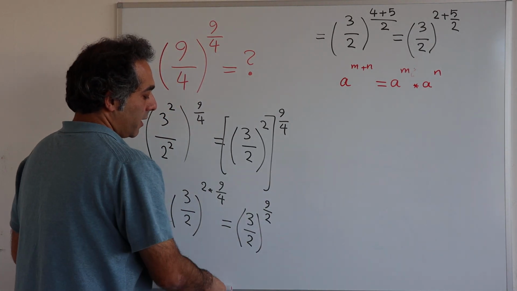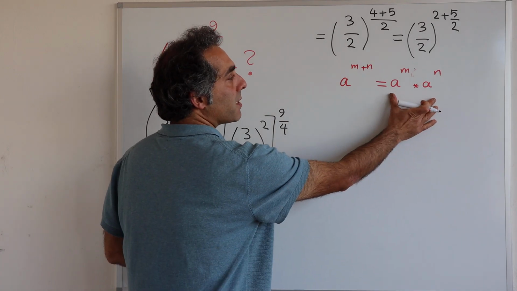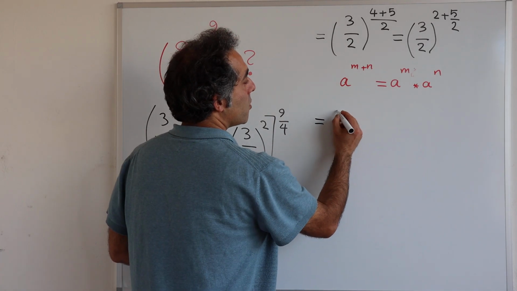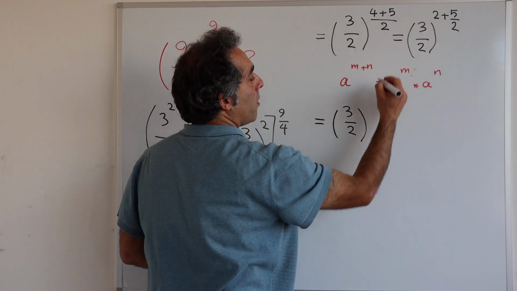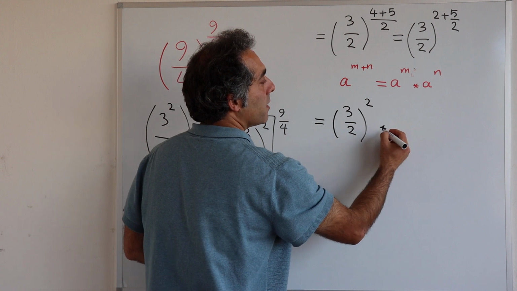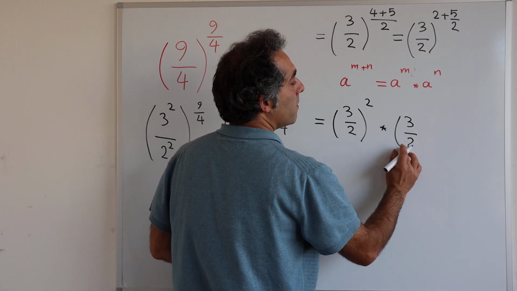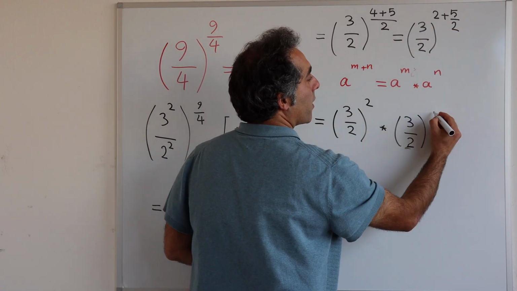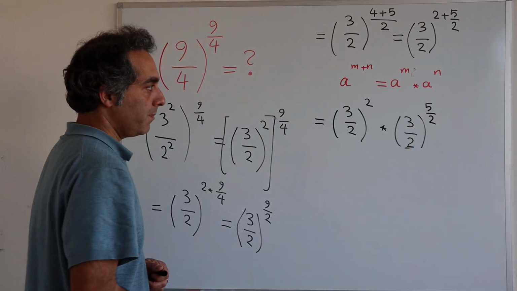So I can rewrite this expression based on this formula: 3 over 2 to the power of 2 times 3 over 2 to the power of the rest, 5 over 2.